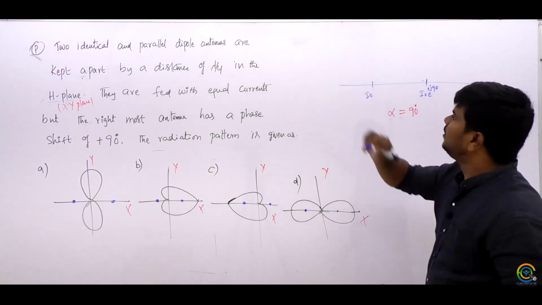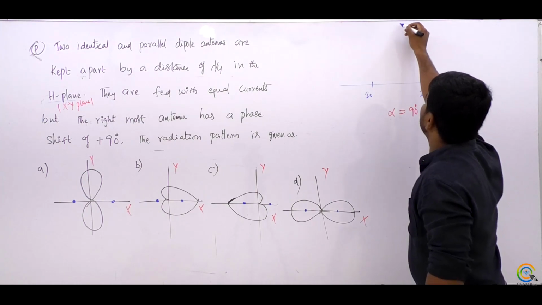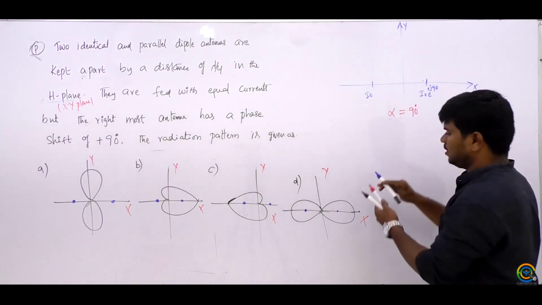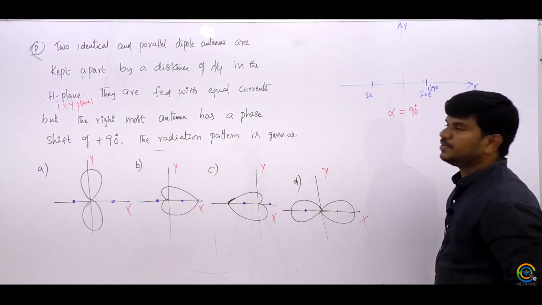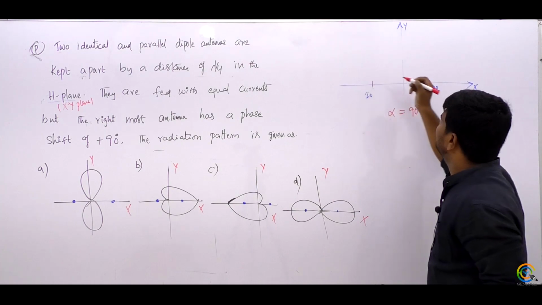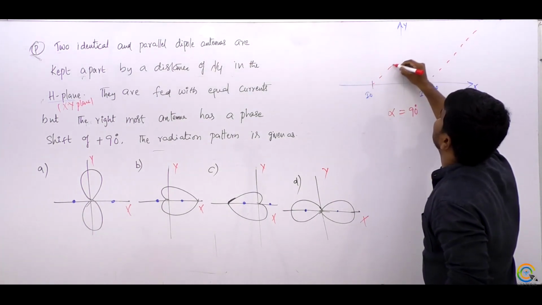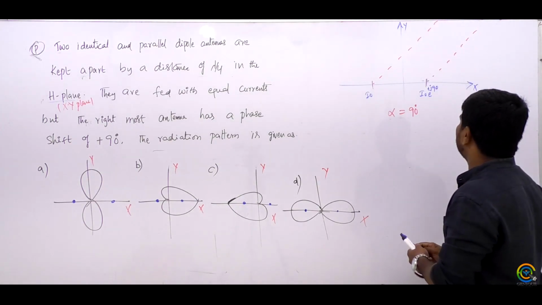Two elements are there. Let us suppose this is X and this will be Y. These are kept like this on the horizontal plane. It is the direction where we have to find the far field pattern.